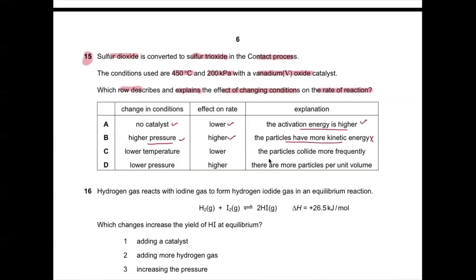No, the particles don't have more kinetic energy because the temperature is the same. B goes wrong. Lower temperature, lower rate, the particles collide more frequently. No, particles are going to collide with the slower speed because there is a lower temperature. Lower pressure, the rate would be higher. So it goes wrong. So only option A is correct.